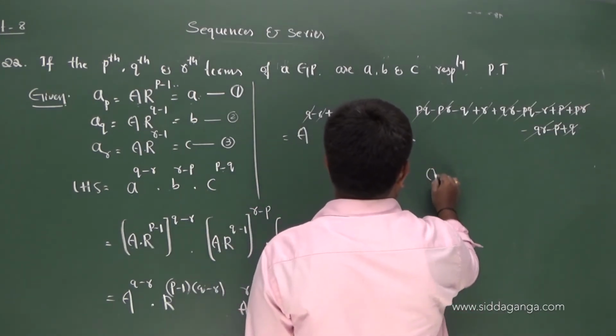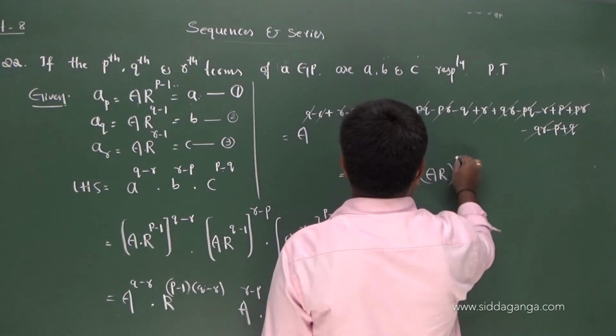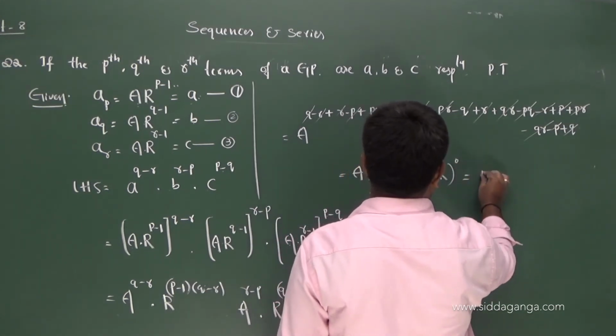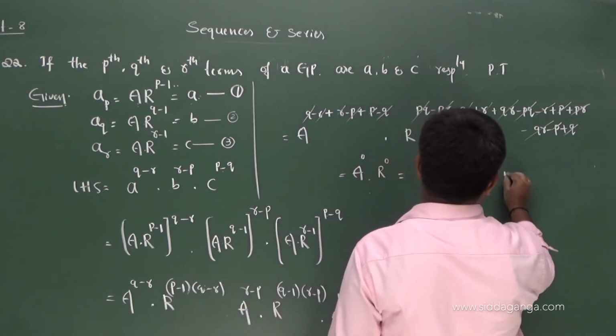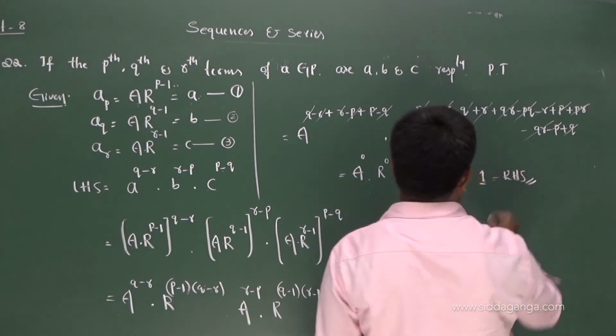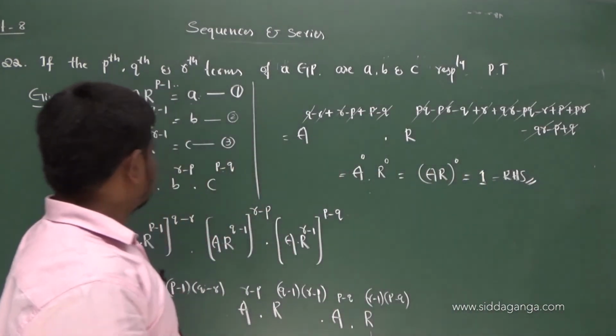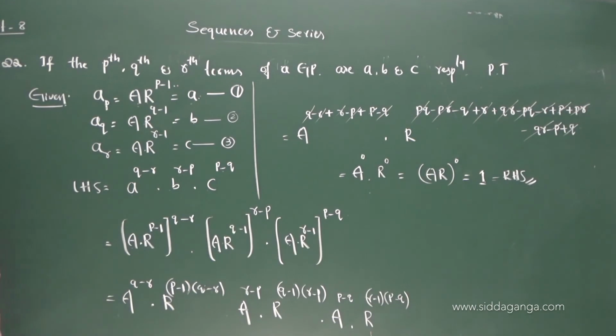You get A R power of 0, that is equal to 1. That is equal to RHS. Proof. This is your question number 22.